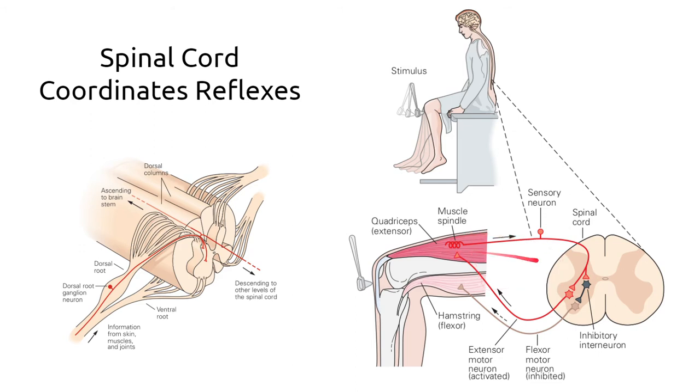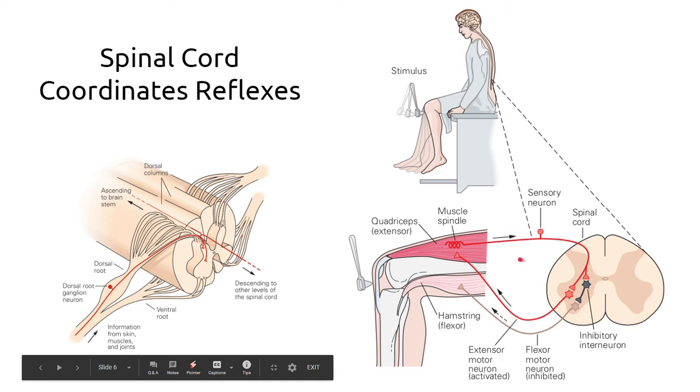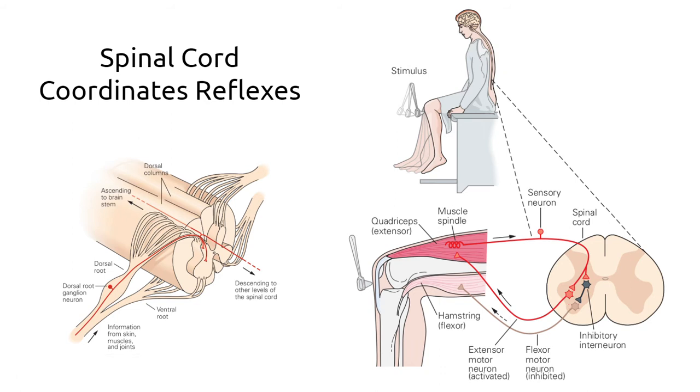So this is a balance system. It's trying to automatically keep you upright, and you want that control loop really fast. You don't want to wait for that signal to go all the way up to the brain and come back. And it's a really simple calculation to do. You don't need access to the entire brain to compute that simple if-then rule. So if you can get away with just computing it right there in the spinal cord, sure.